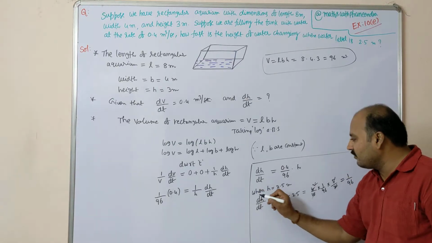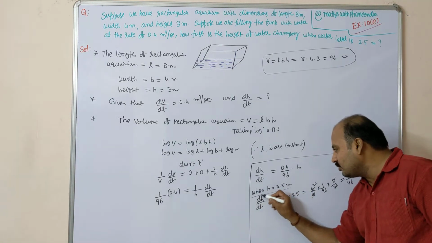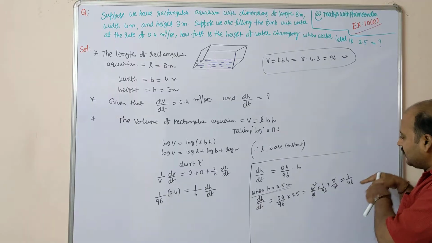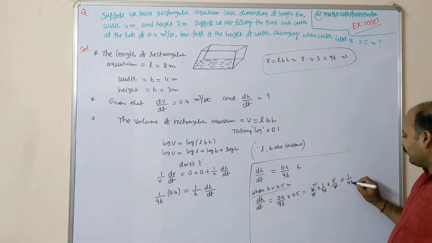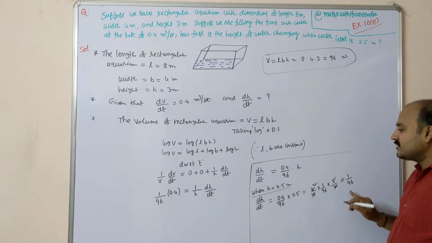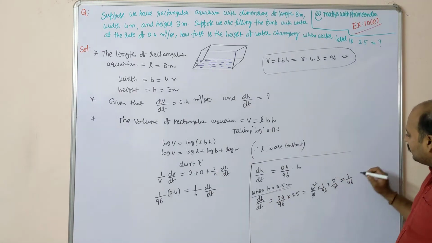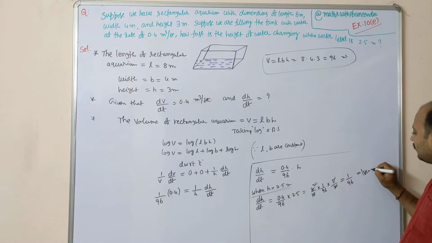But what they are asking, when height reaches 2.5 meter, this is the only 1 by 96, the rate of change of 1 by 96. That is also H now. So this is also meter per second.